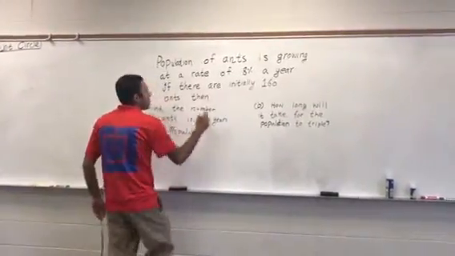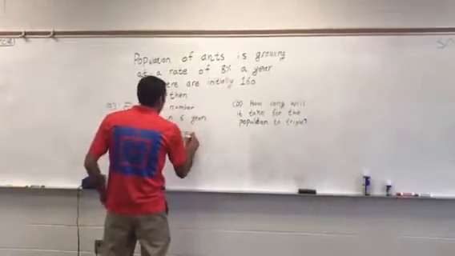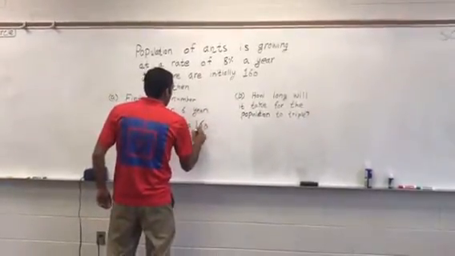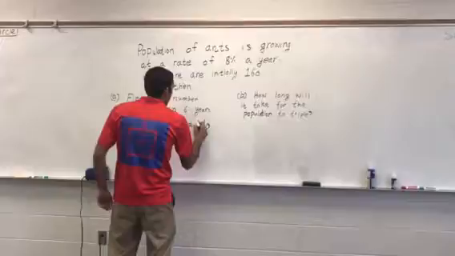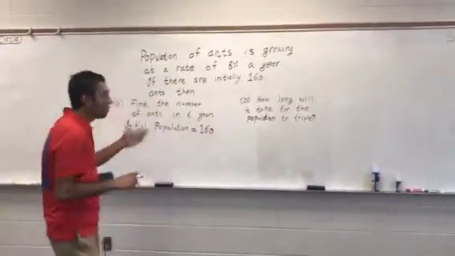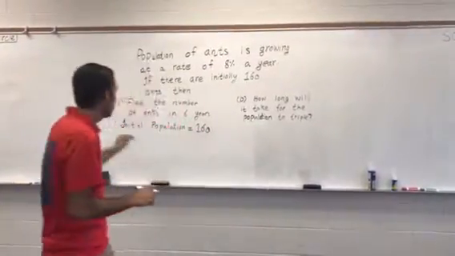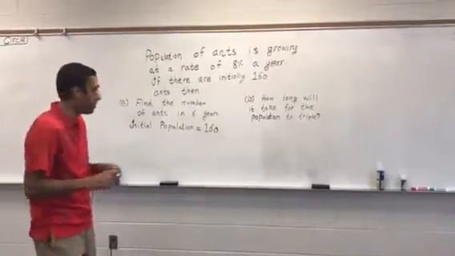So initially, I'm going to write initial population is equal to 160. All right. So how many ants will there be in 6 years? That's the question.